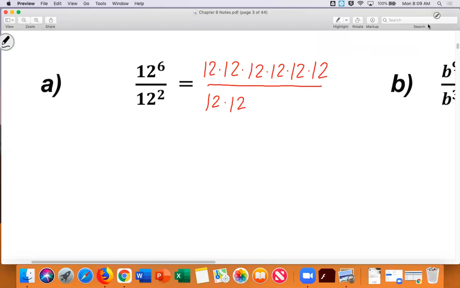With fractions, what do we do with things that are the same on top and bottom? Like, what's 12 over 12? 1, right? So they kind of cancel out, right? 12 over 12, they cancel out. How many 12s are left? 1, 2, 3, 4.